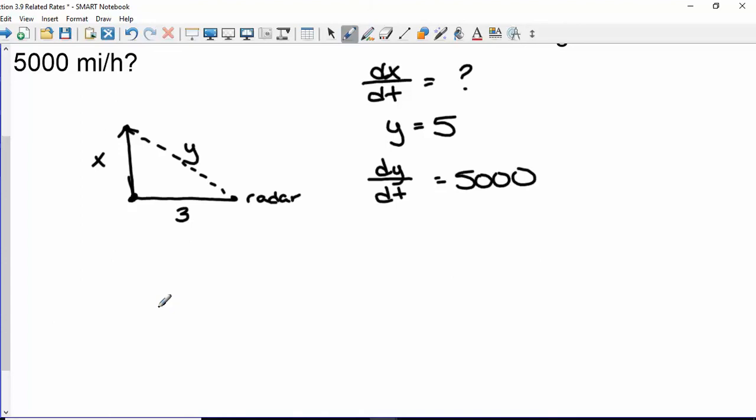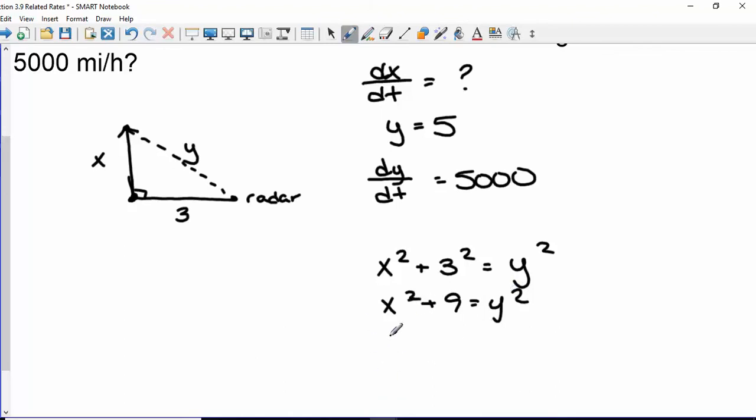Yes, Pythagorean Theorem. This is a right angle. This was going up, this was a horizontal distance. So a squared plus b squared equals c squared. Or in our terms, that would be x squared plus 3 squared equals y squared. Or you could change your 3 squared to a 9. Okay.